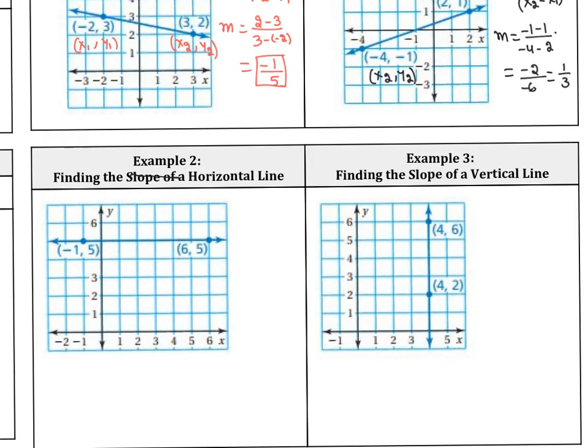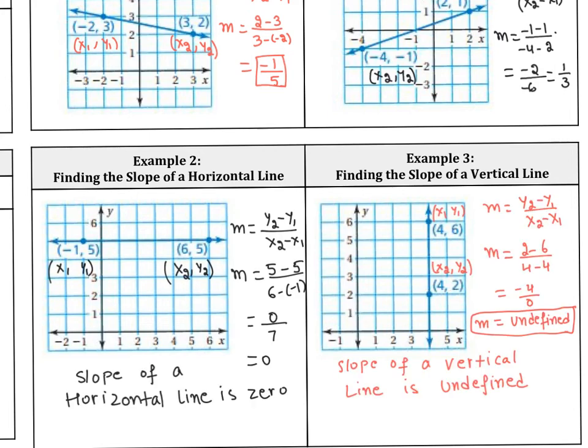Now let's do example number 2, finding the slope of a horizontal line. To find the slope of a horizontal line, we are going to use the formula m equals y2 minus y1 over x2 minus x1. I label this point as x1, y1 and this one as x2, y2.